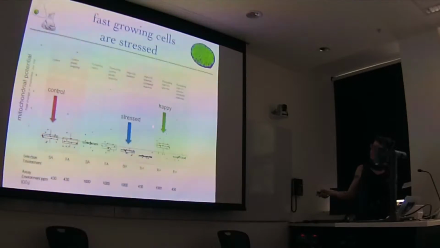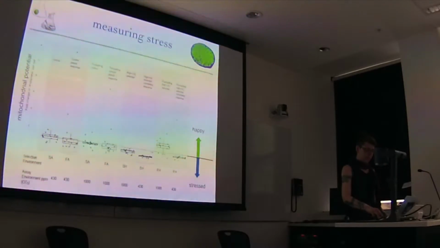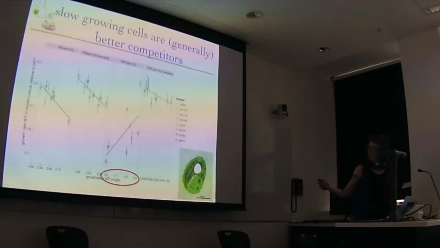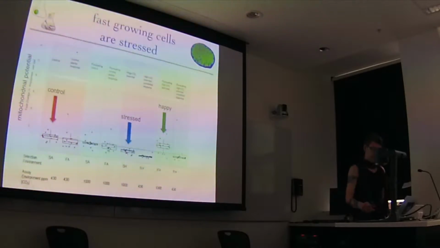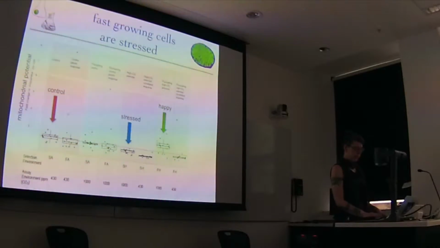These are the high CO2 selected lines that grew without any sort of fluctuation. These are the ones, by the way, with these fast growth rates. And here's the mitochondrial potential at high CO2. And these are the control mitochondrial potentials at high CO2. So that's not conclusive, but it's certainly suggestive.